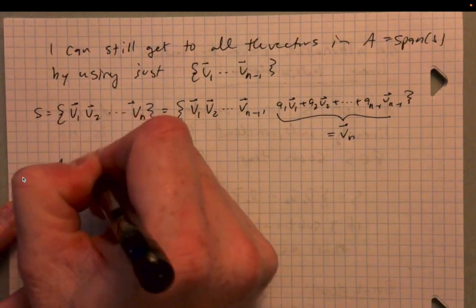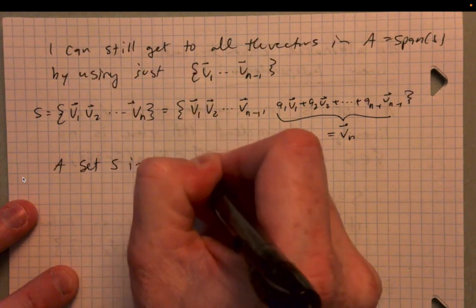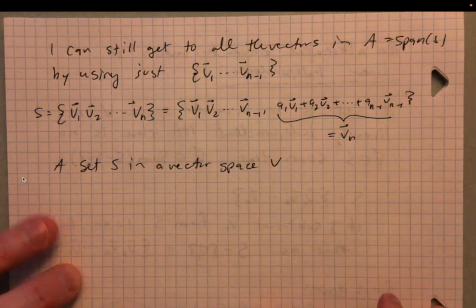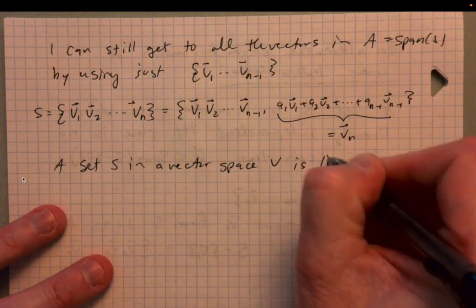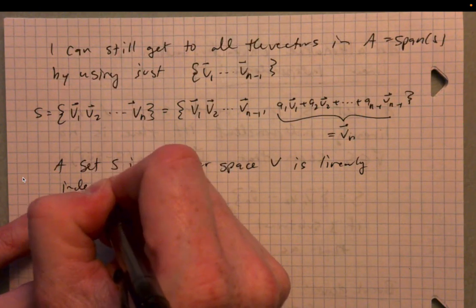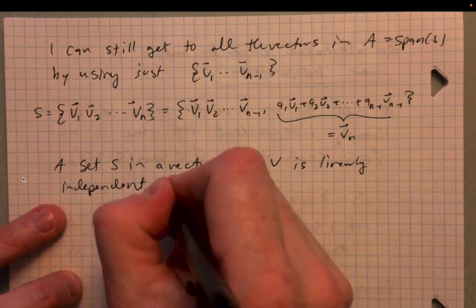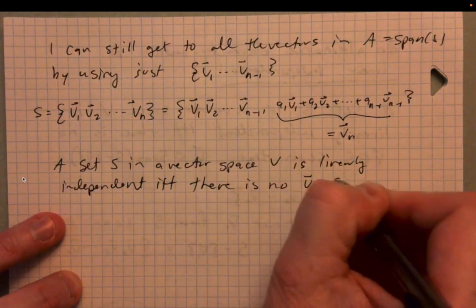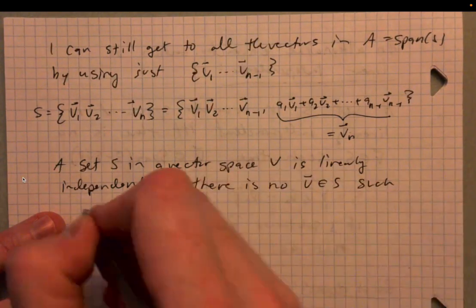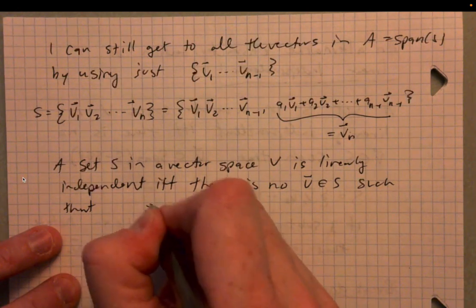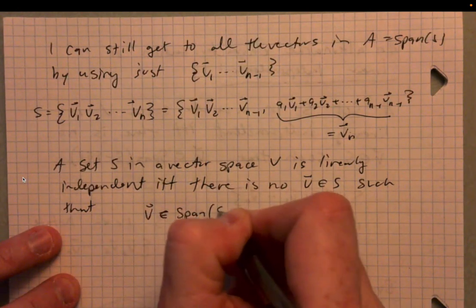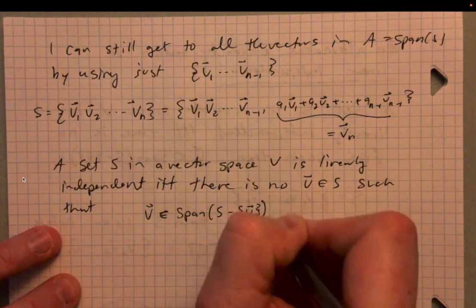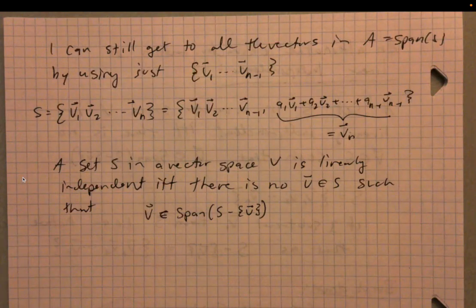So a set S in a vector space V is linearly independent if and only if there is no V in S such that V would be in the span of S minus V. Because remember, if the span of S minus V is smaller than the span of S, then the first vector to go is V. V is gone.